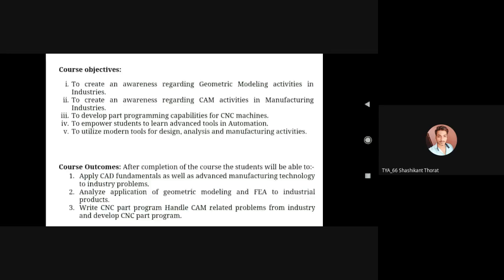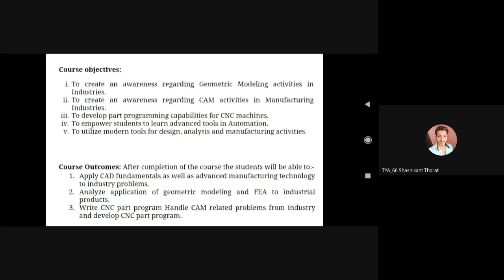Actually, software and theoretical parts should be covered simultaneously, but due to the pandemic we have taken only the theory. We have to study CATIA 3D software, a CNC machine software, and ANSYS software for analysis, computer aided engineering.